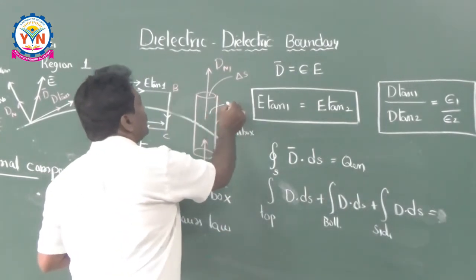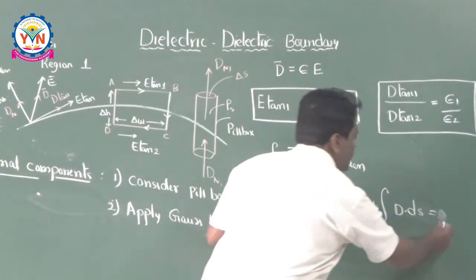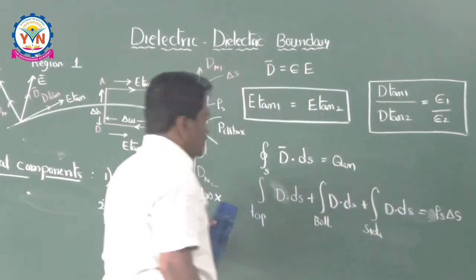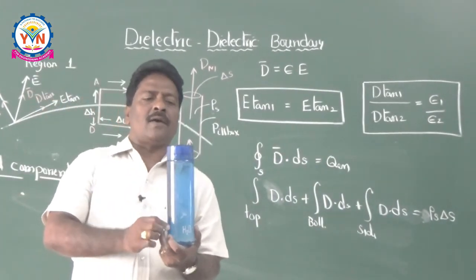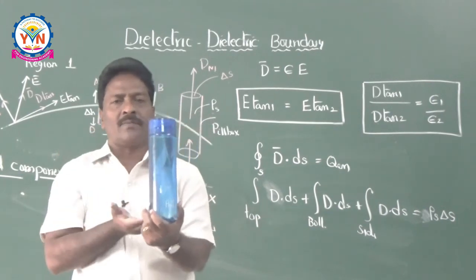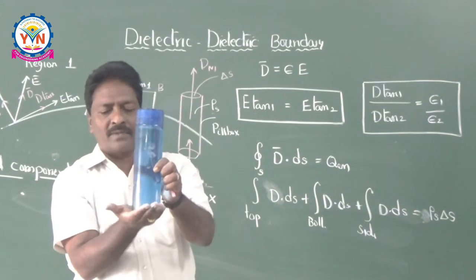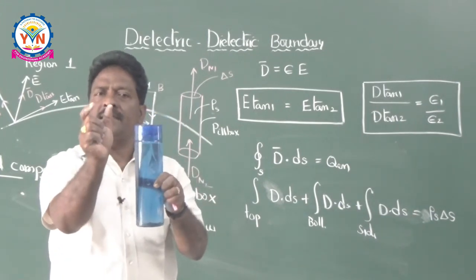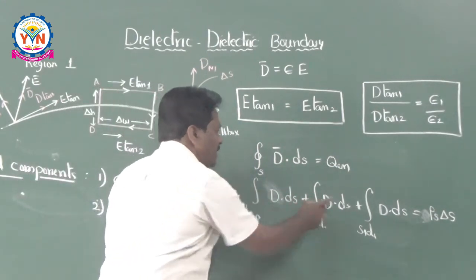The charge here is rho s, so charge enclosed is rho s into delta S. This is the cylindrical surface, and this is the top surface, and this is the bottom surface. This is the top surface, bottom surface, side surface.